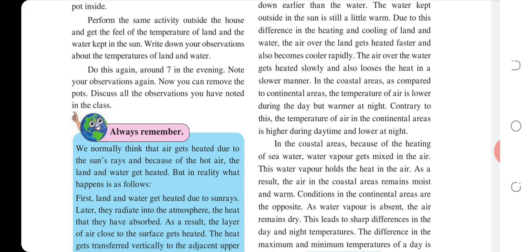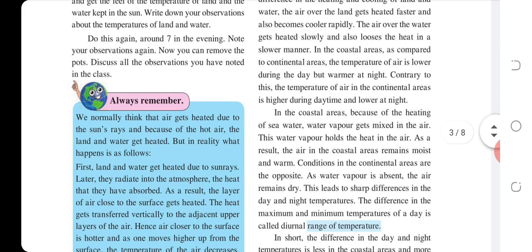Conditions in the continental area are opposite. As water vapor is absent, the air remains dry. This leads to a sharp difference in the day and night temperature.